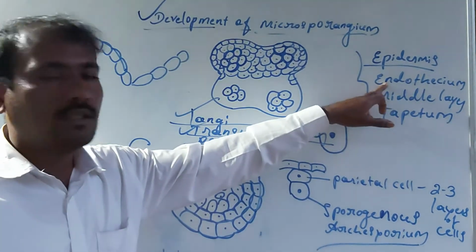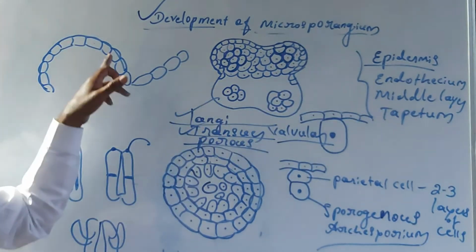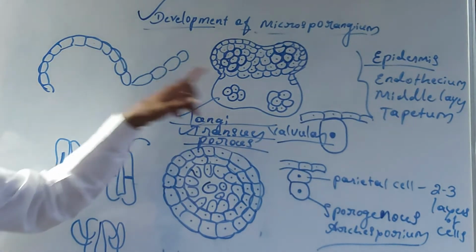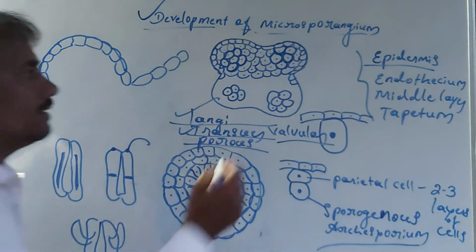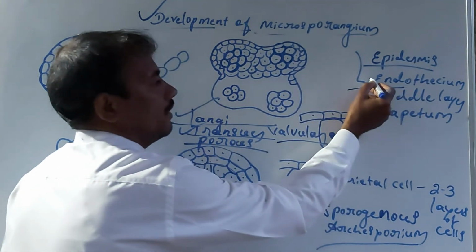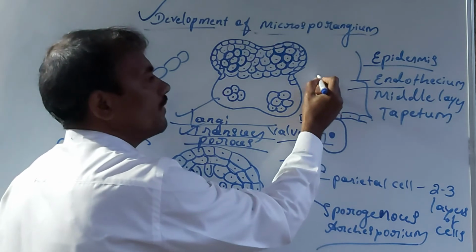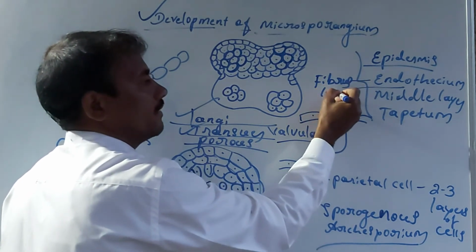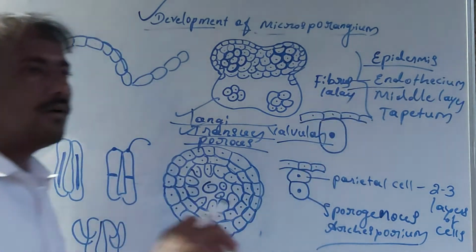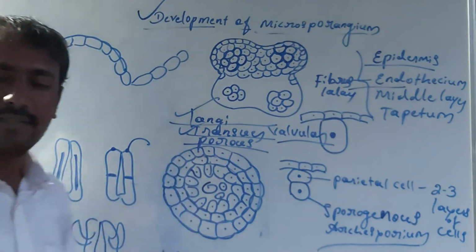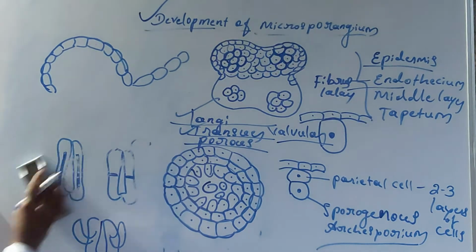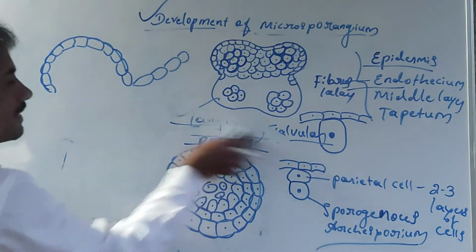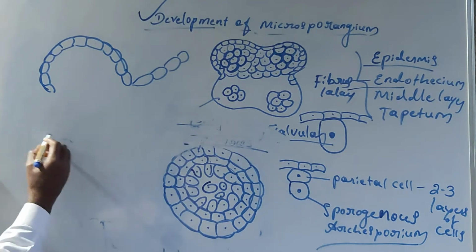This endothecium lies next to the epidermis, that is, beneath the epidermis lies the endothecium. It is a fibrous layer made up of fibrous bands. I will show you here.